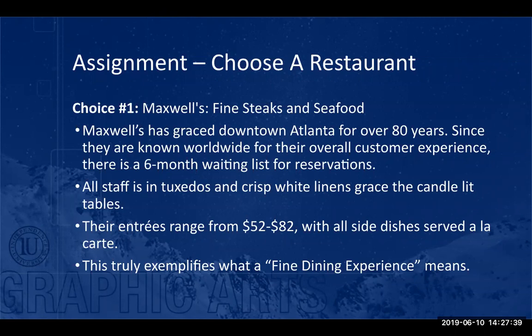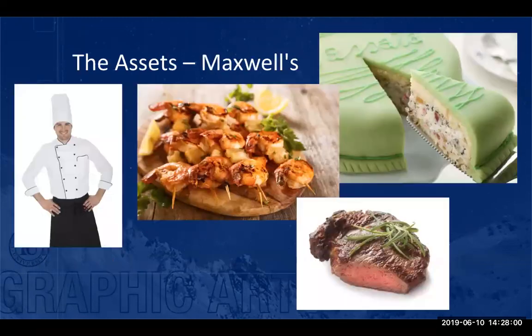The staff wears tuxedos. There are crisp white linens on the tables, and it's candle lit. Their entrees range from $52 to $82, and their side dishes are all served a la carte. So it is a big bucks restaurant. It is a truly fine dining experience.